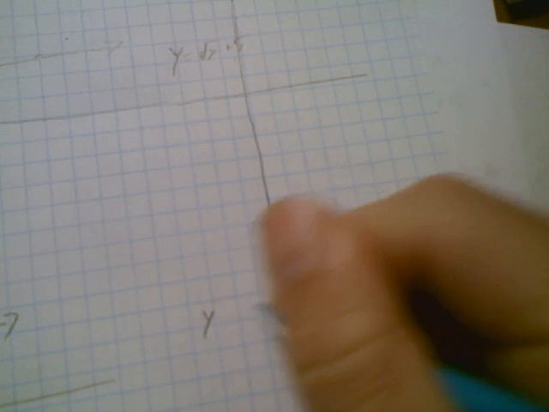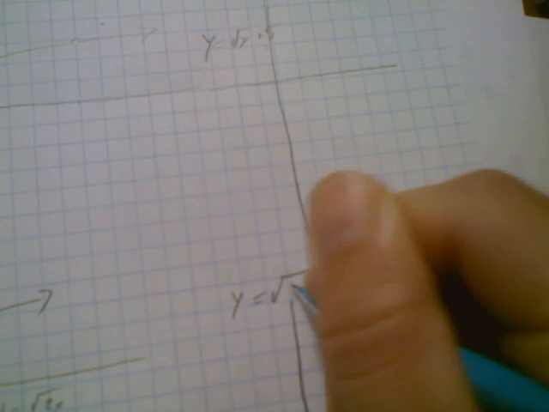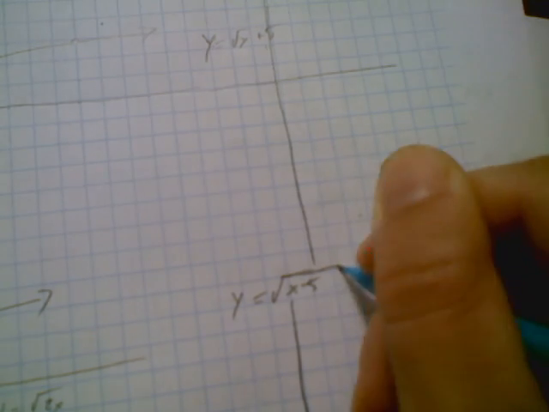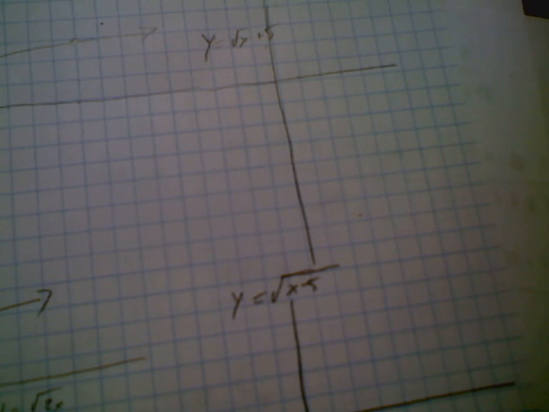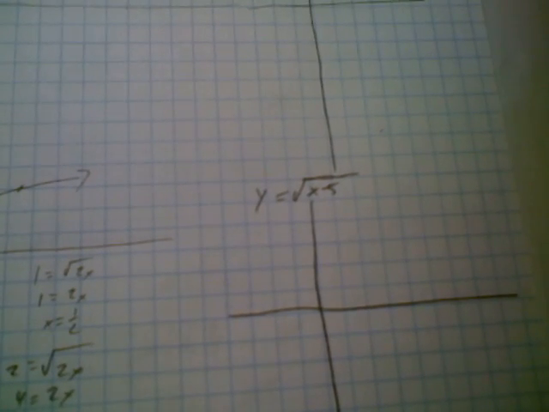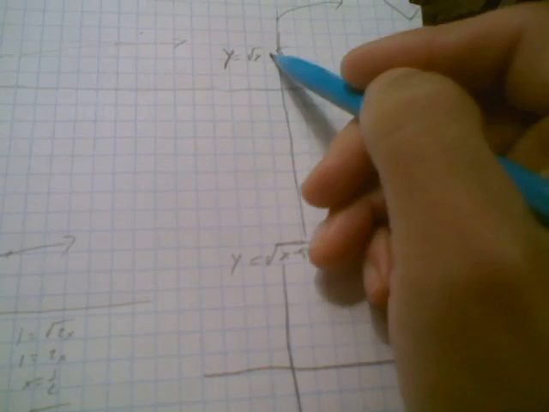The other one, we say y equals square root of x minus 5. In this case, the minus 5 is inside the radical. If it's inside the radical, we have to do something a little bit different. When it went up, it was outside and was plus.